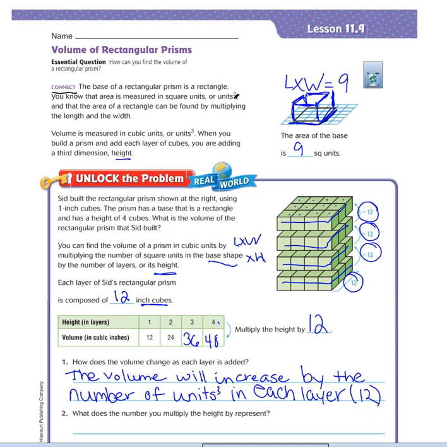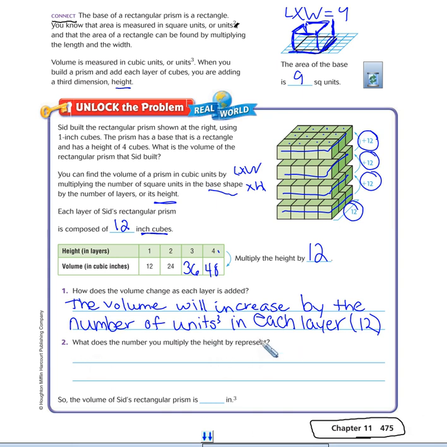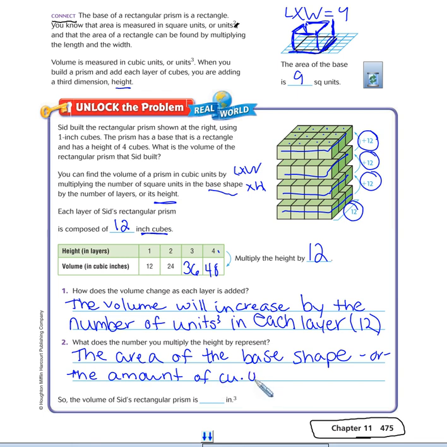What does the number you multiply the height by represent? The number that I'm multiplying the height by is the area of the base shape, or the number of cubic units in one layer.